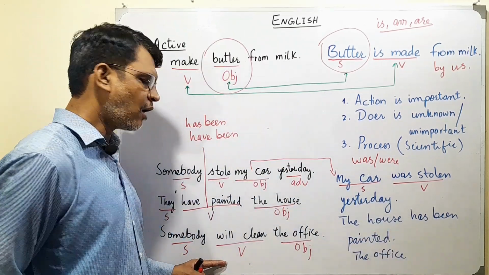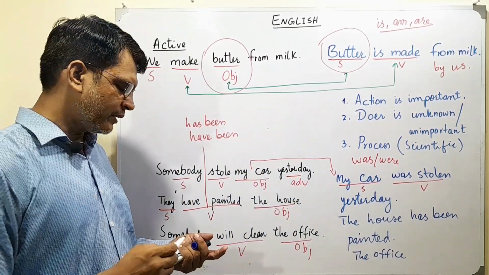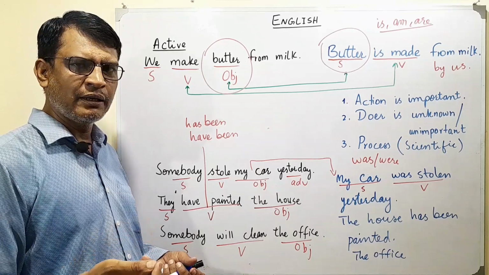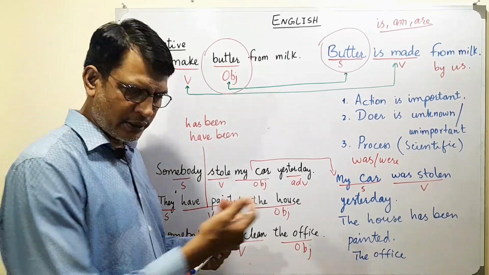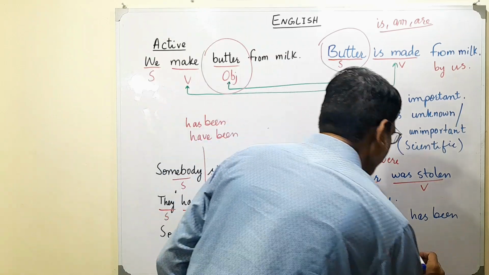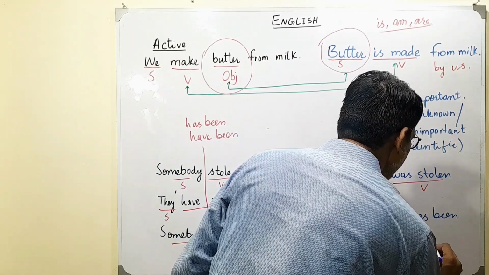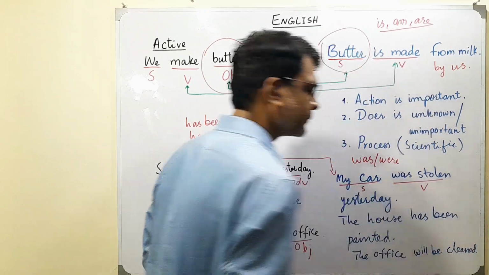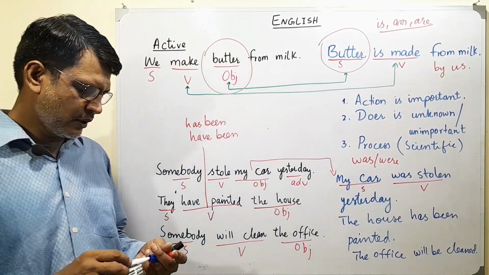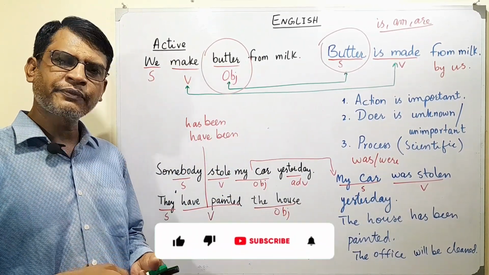And how do we change will? With will, we use will be and then the third form of verb. Let me write first, then I'll explain. The office will be cleaned. The office will be cleaned.